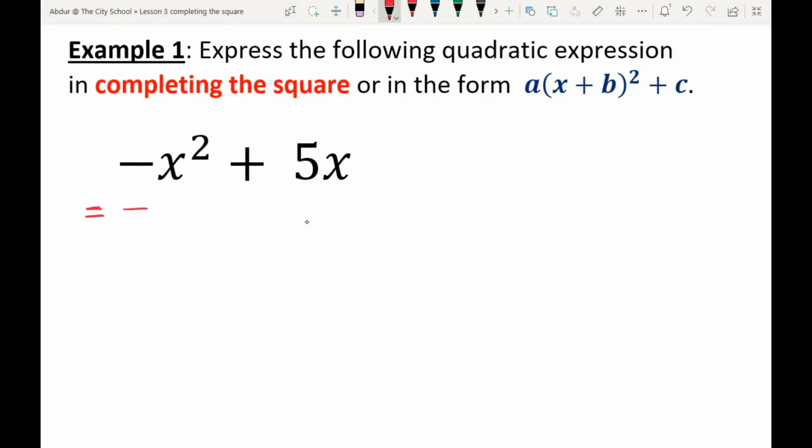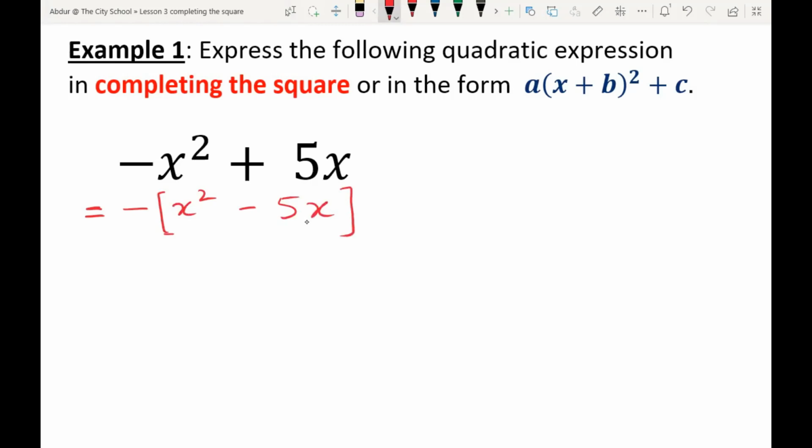I'm going to take minus as common. So when you take minus as common, it will be x square minus 5x. Change all the signs of x square and 5x.